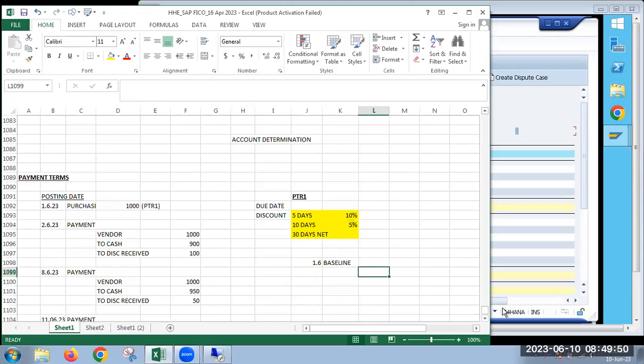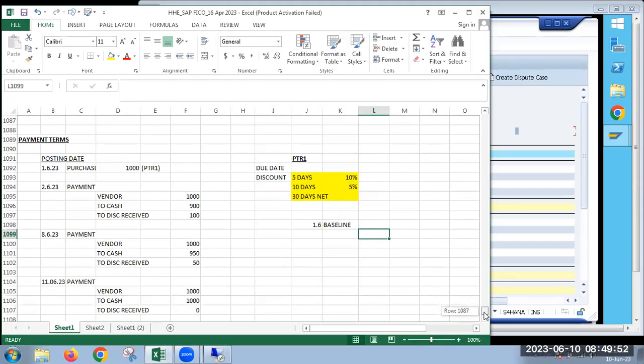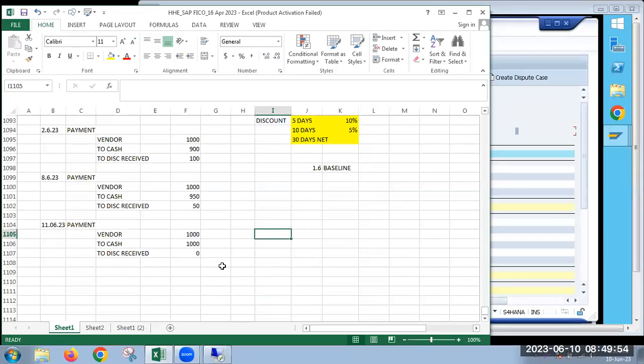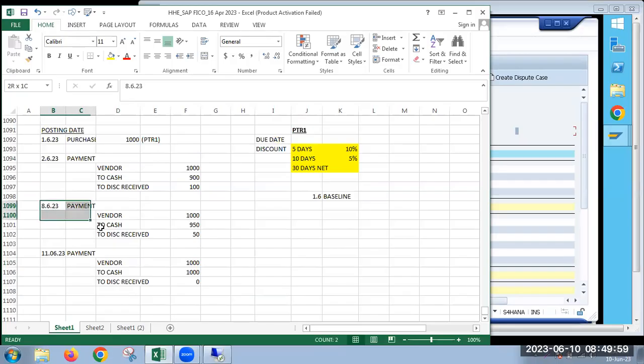Yes. And also, the second thing, while making the transaction, see, for example, we make this payment. When we make this payment on a particular date, the system will check what discount is there, then what is the rate, and based on that, what is the amount.